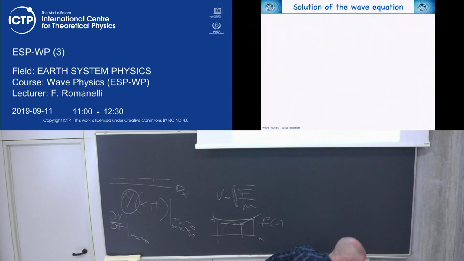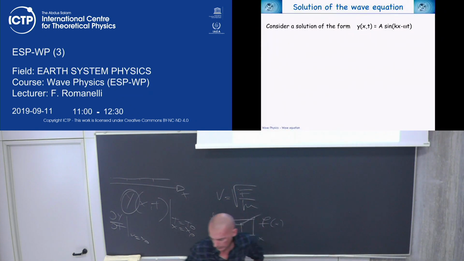Now, wait a second. I will take a shortcut now. Within today you will show the general solution of that equation. But for now, let's make a first rough attempt.